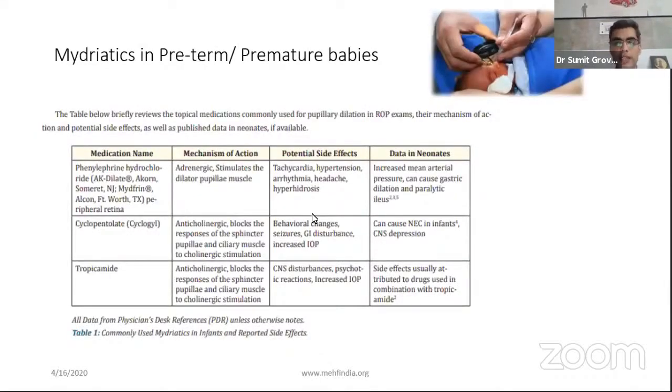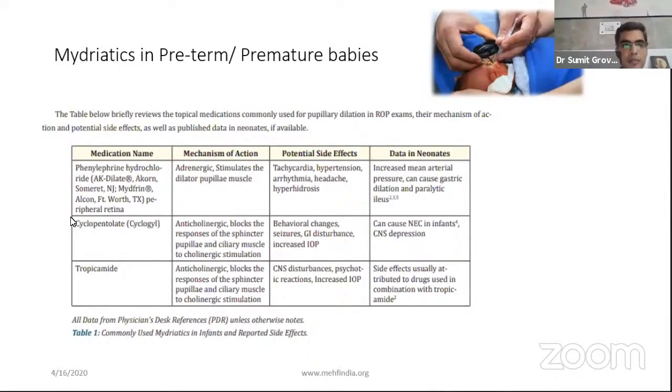Now, I thought that this is a great opportunity to add two more special conditions. Being an optometrist, you will be exposed, or may have already been exposed, to assisting with the dilated examination for ROP screening. And there is a lot of confusion about which mydriatic should be used for these small premature children.